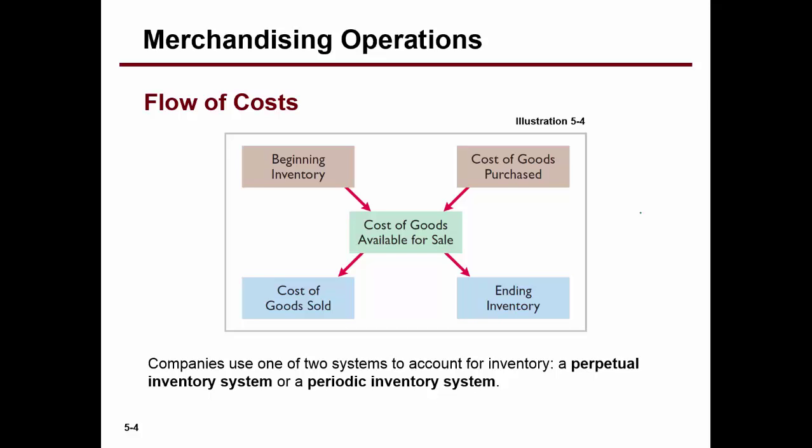Because if it's not here anymore, you must have sold it. You had beginning inventory, you had purchases, that's what's available. If it's still here in ending inventory, then you must have sold the rest, right? Okay, so this thing is useful to you.